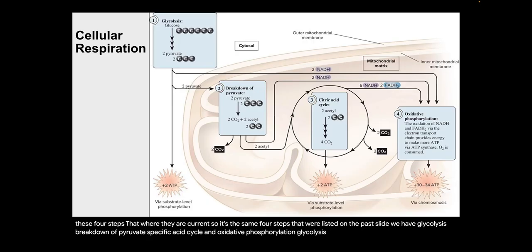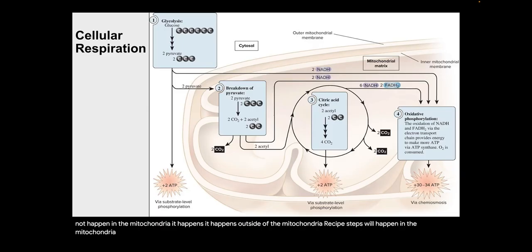Glycolysis is the only one of these steps that does not happen in the mitochondria. Right? It happens in the cytosol. It happens outside of the mitochondria. The rest of these steps will happen in the mitochondria, but glycolysis happens in the cytosol. And that's, I think, the big takeaway from this image at this point.